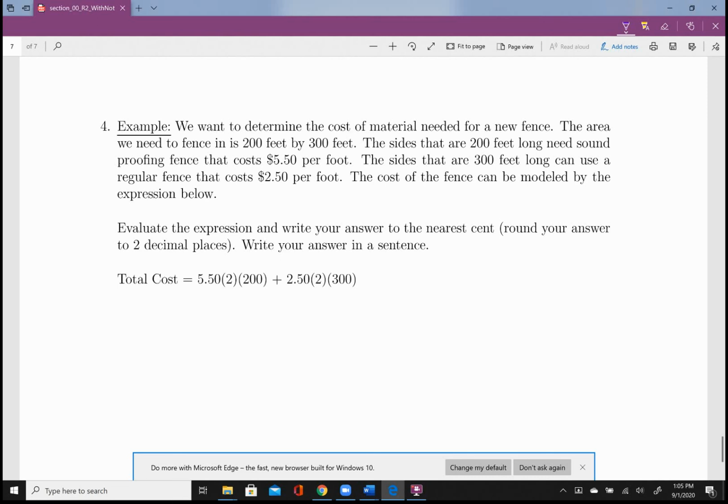So here I would take probably well, $5.50 and multiply it by 2. I know that that's going to be $11. Like we could do that. 2.50 multiplied by 2 is going to be 5. So these things can be multiplied pretty easily, like by hand or in your mind.